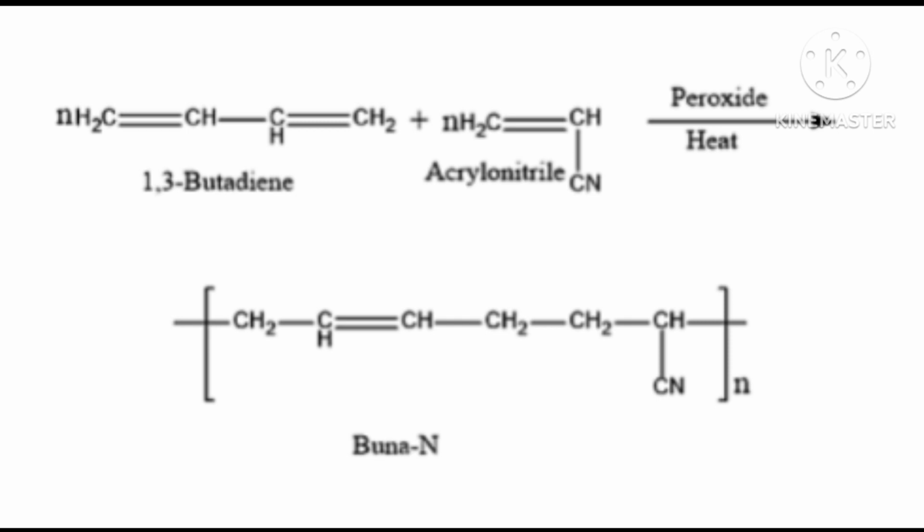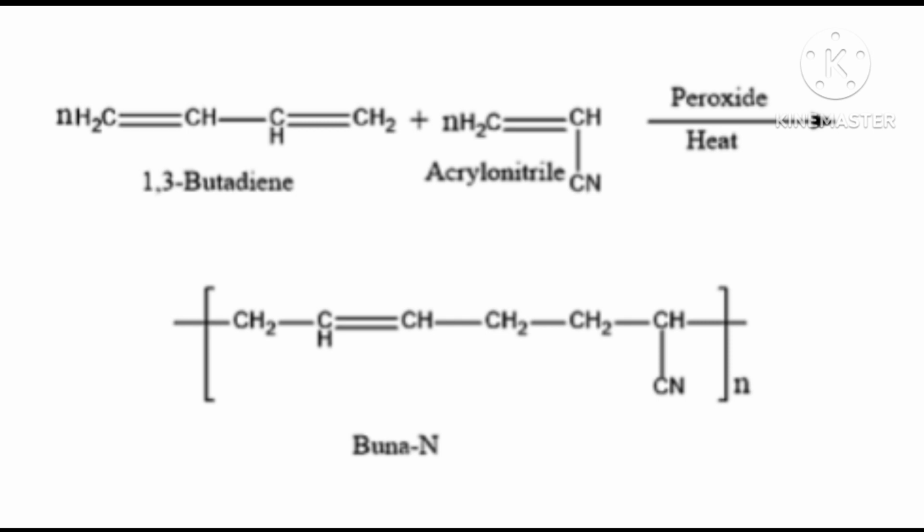Unsaturated means having a double or triple bond; only then can it join by breaking one bond. That's why an unsaturated monomer is required. Then both will join, and homopolymers as well as copolymers can be formed. Now an example is neoprene.